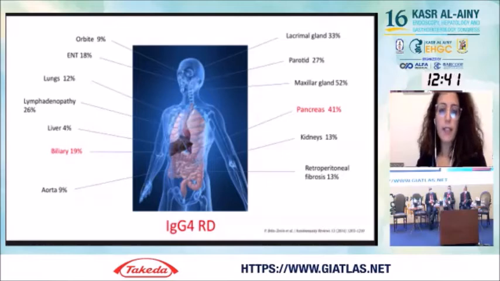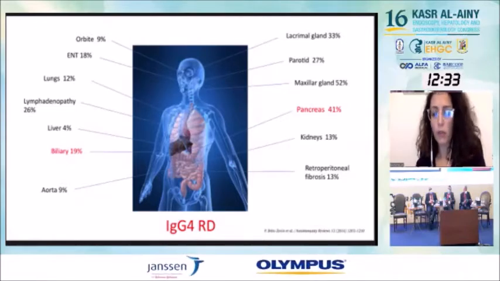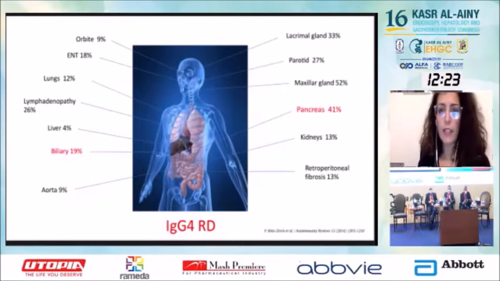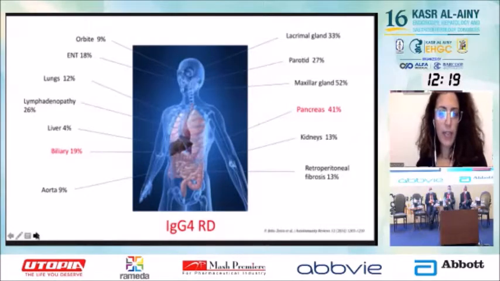It is a dangerous disease because in each organ it involves, it causes chronic inflammation, fibrosis, and subsequently organ failure. So in terms of pancreatitis, I will walk you through this clinical case, and we'll see together all the particularities of diagnosis and treatment.